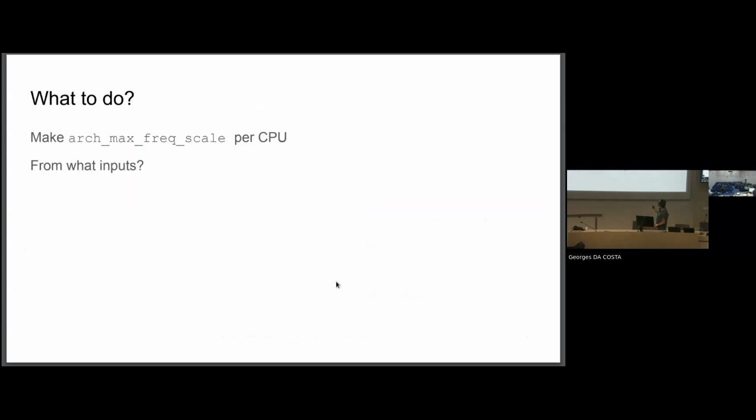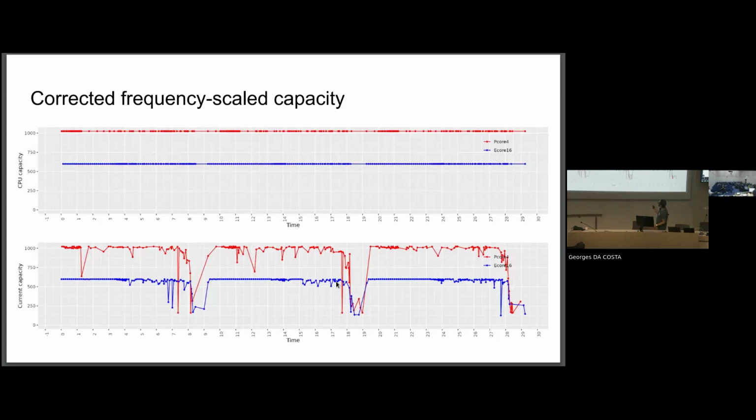This is how the frequency scaling looks when using the correct numbers, quote unquote. Now we see that the Arch CPU scale capacity is 600. And after correcting for frequency, we see that at max frequency on the E-cores, we still get the 600, which is what we want for a correct frequency scaling for different types of CPU.